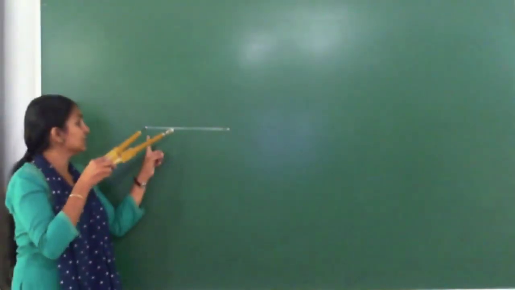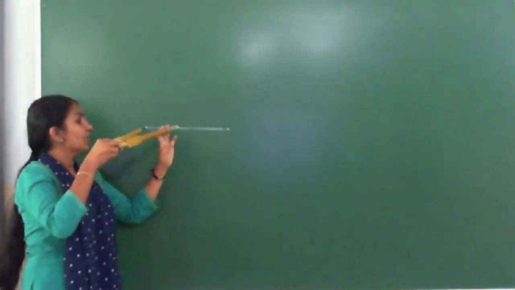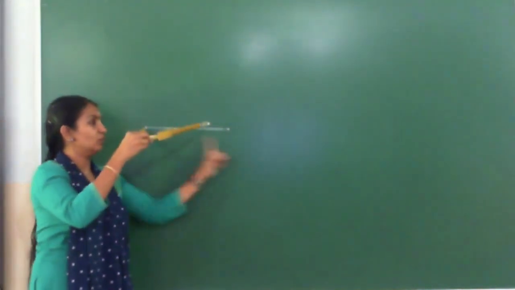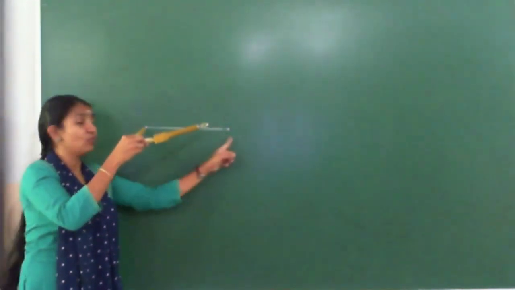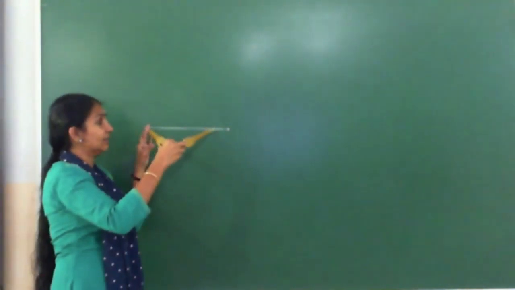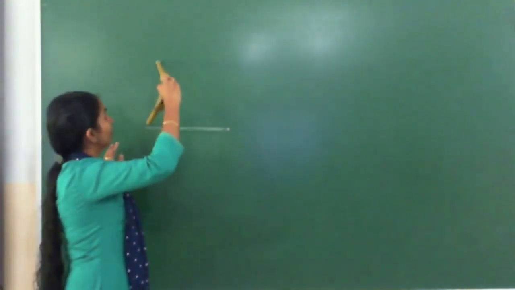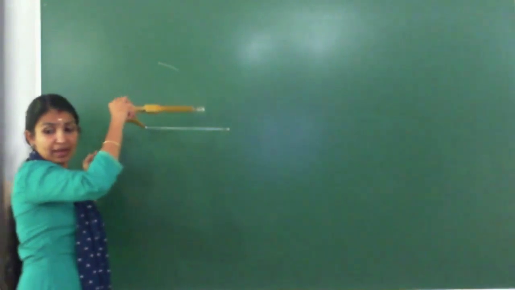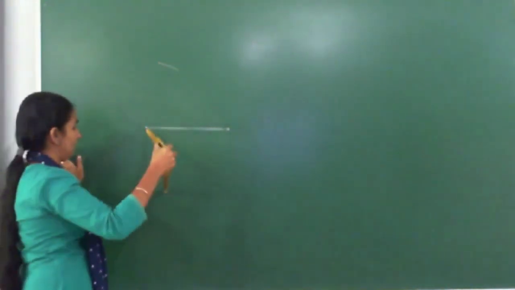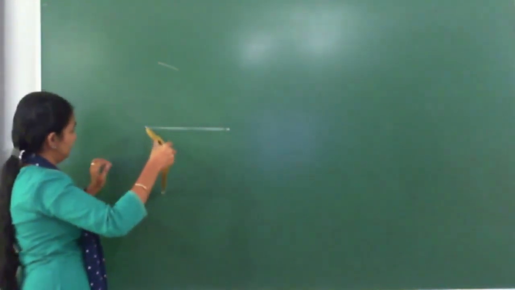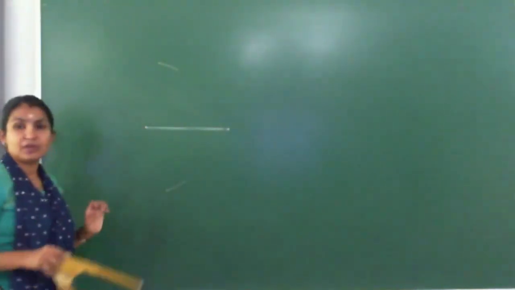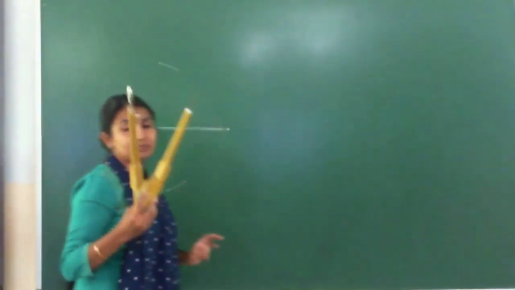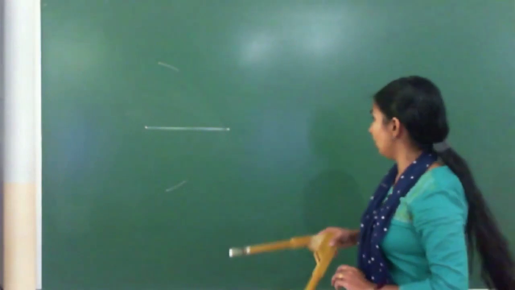Keep our compass on these 2 points. We are taking more than half of the line segment's length, and then we draw the arc up and the same way down also. Now we have to keep the same radius in our compass.